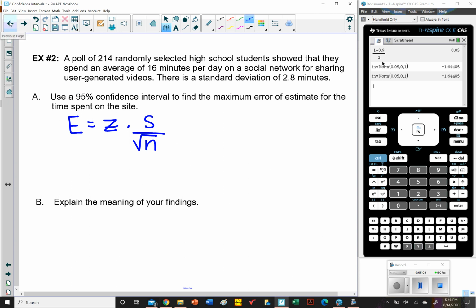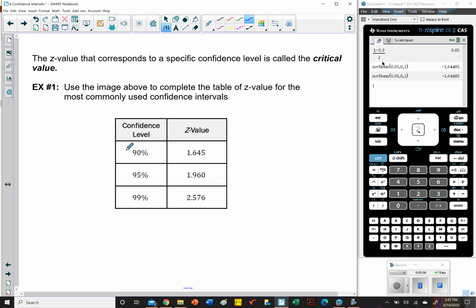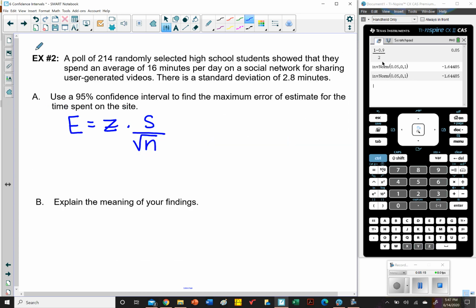So without figuring it ourselves, we'll go back to the table here. We're going to use 1.960 for our z value. And the standard deviation, s, is 2.8. And the sample size was 214 students. So the square root of 214.